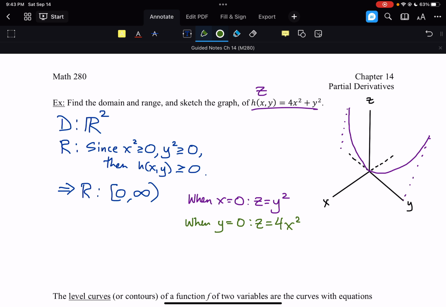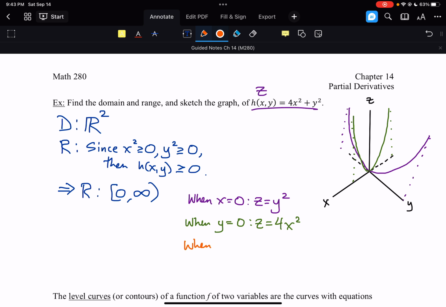So this is going to be in the xz plane, and it's going to go up very quickly, something like that. Okay, I think that's good enough. And again, if you want to track this, it just drops down onto those axes.